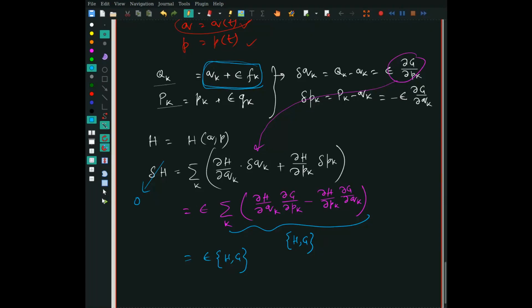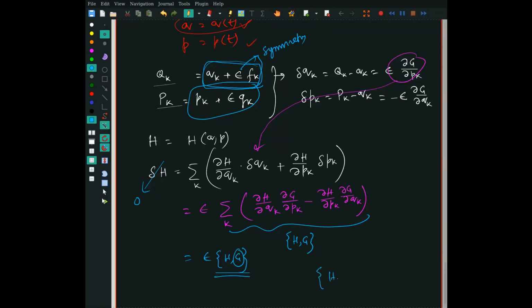So if this is a symmetry operation, then the Poisson bracket of the Hamiltonian with the generator is 0.